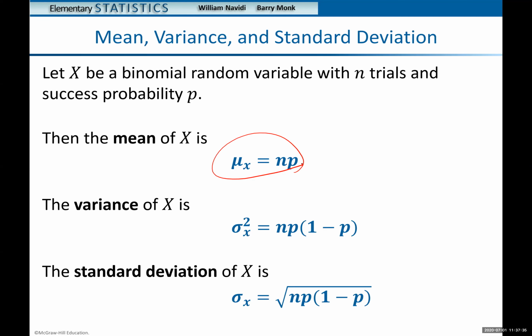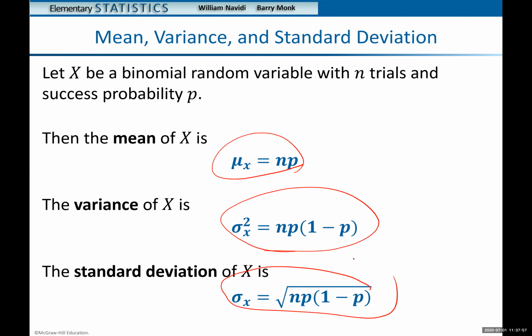Just like the last example, given n is 15 with a probability of 0.3, you just have to multiply those two to get your mean of x. And then variance, np times 1 minus p, and standard deviation is square root of the variance. So copy this. You're going to need this for your tests.